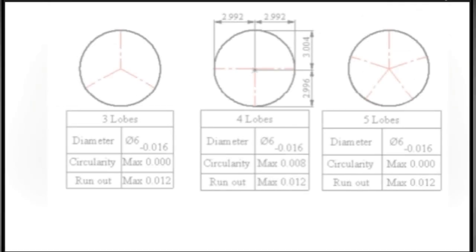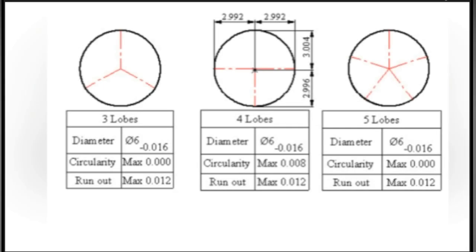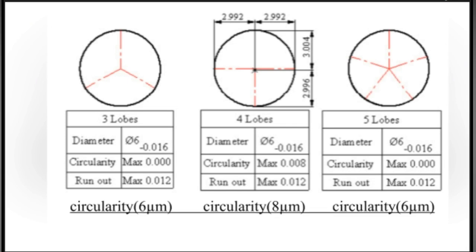We will examine 3 different models of production parts that are widely produced in grinding. 3 examples: a 3-lobe cylinder, a quad-lobe cylinder, and a pentalobe cylinder. The specification of each is given in the table below.